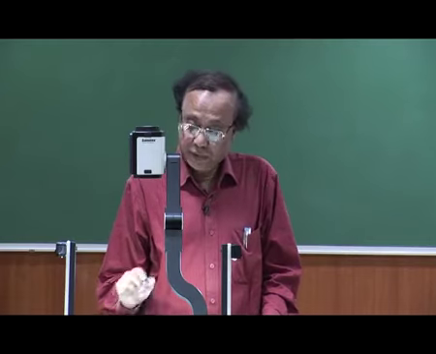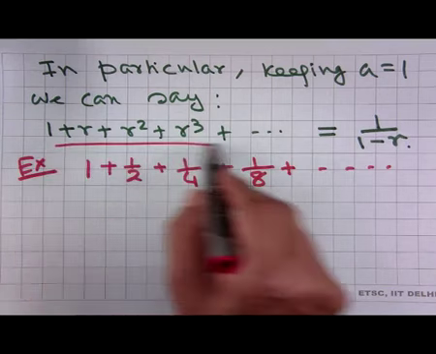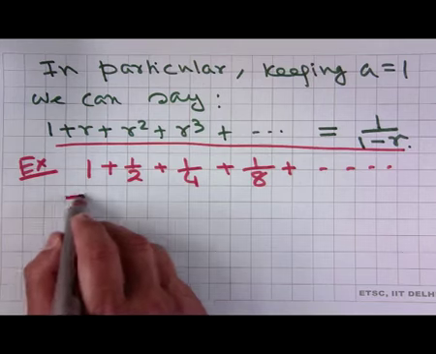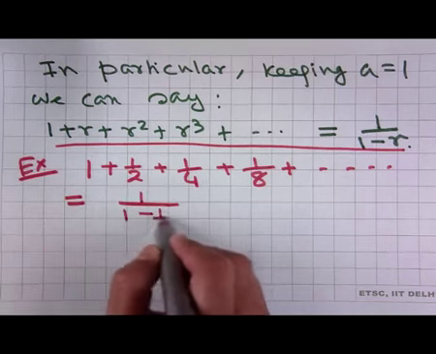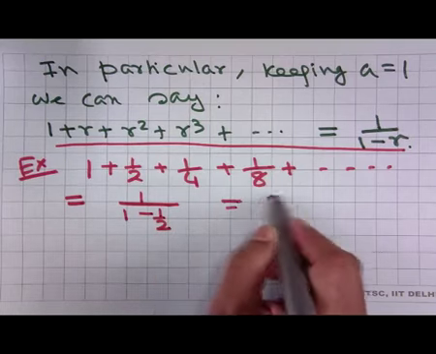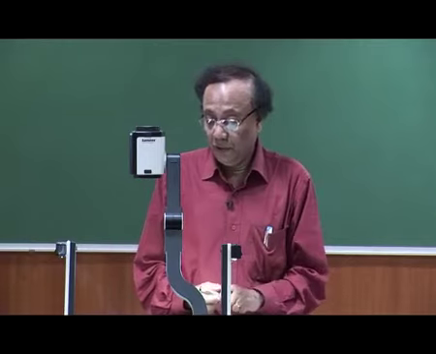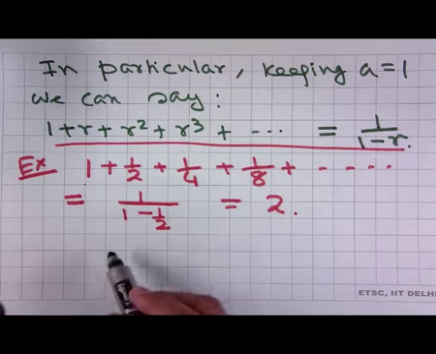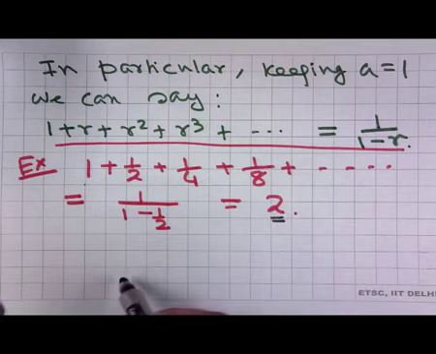Therefore, as such we cannot compute the sum, but using this result we can say that this sum is 1 upon 1 minus half, which is equal to 2. Okay? So, we can compute this series using the concept of limit, that this series value is going to be 2.